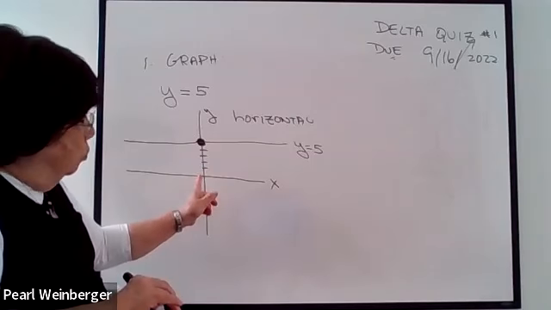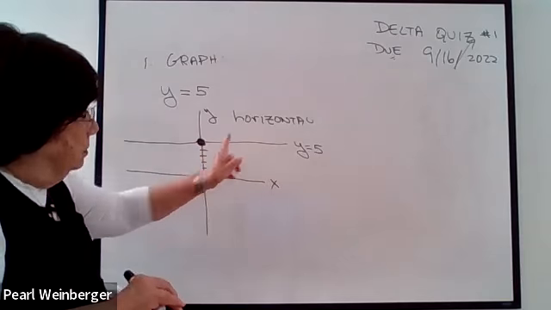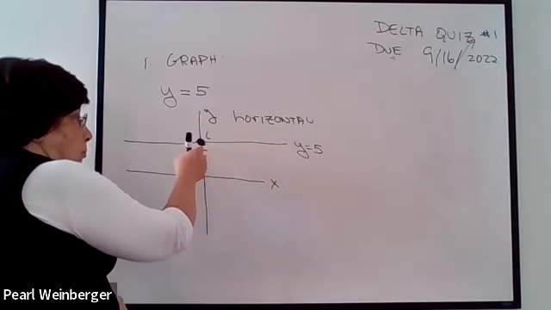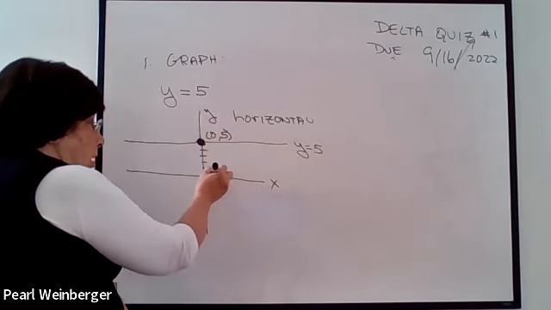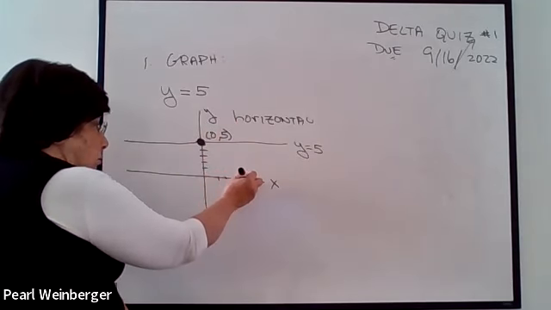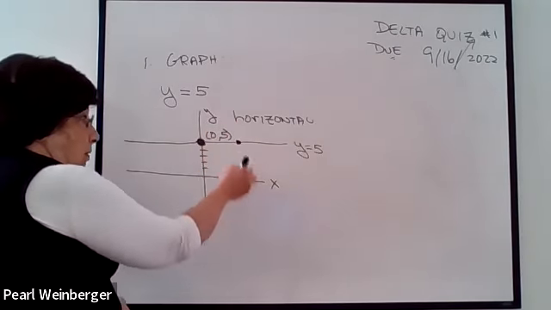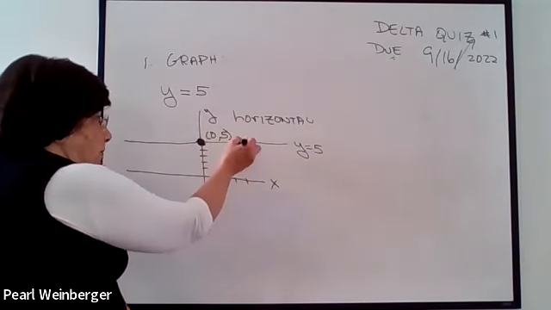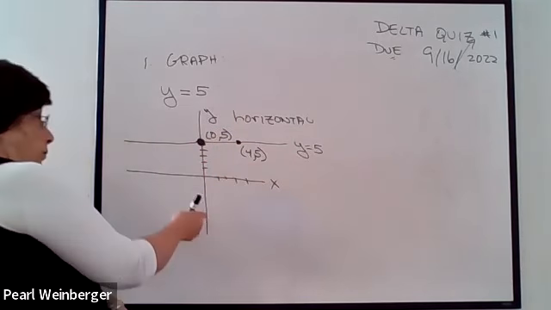And that's why, no matter where you pick a point, this point on the graph would be the point where x is 0, y is 5. This point, which is on the line, is 1, 2, 3, 4 over and 5 up. In other words, it's 4, 5.